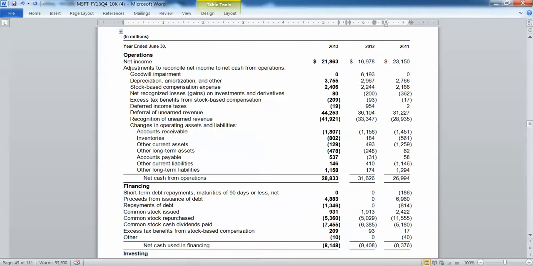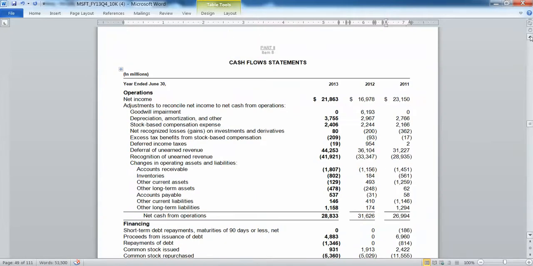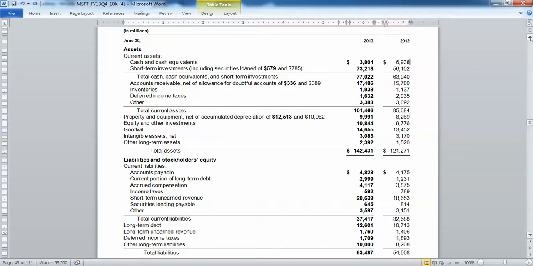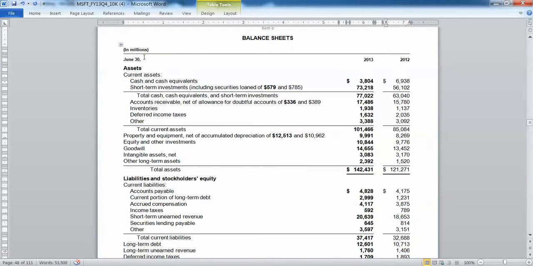But sometimes, I'll flip back over to Microsoft, sometimes you will have financial statements, I'll go up to the balance sheet, that are in millions or in thousands.